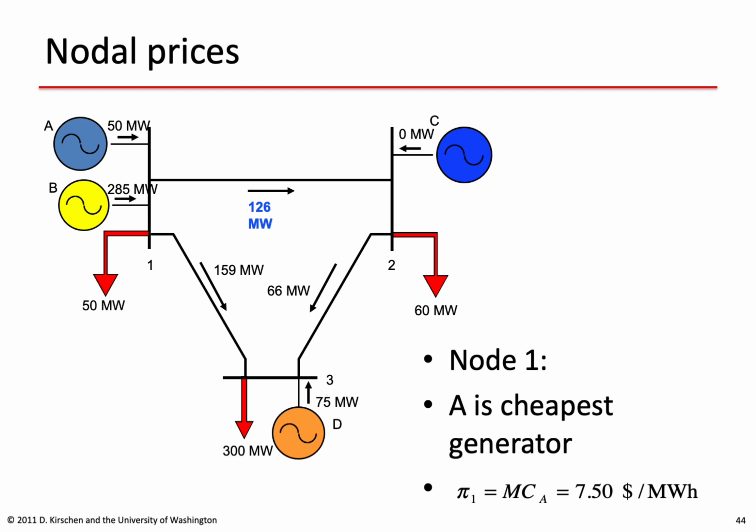So we conclude that the marginal cost of supplying 1 extra megawatt of load at bus 1 is $7.5 per megawatt hour, which is the marginal cost of producing it with generator A, and we're going to say that is the nodal price at bus 1.